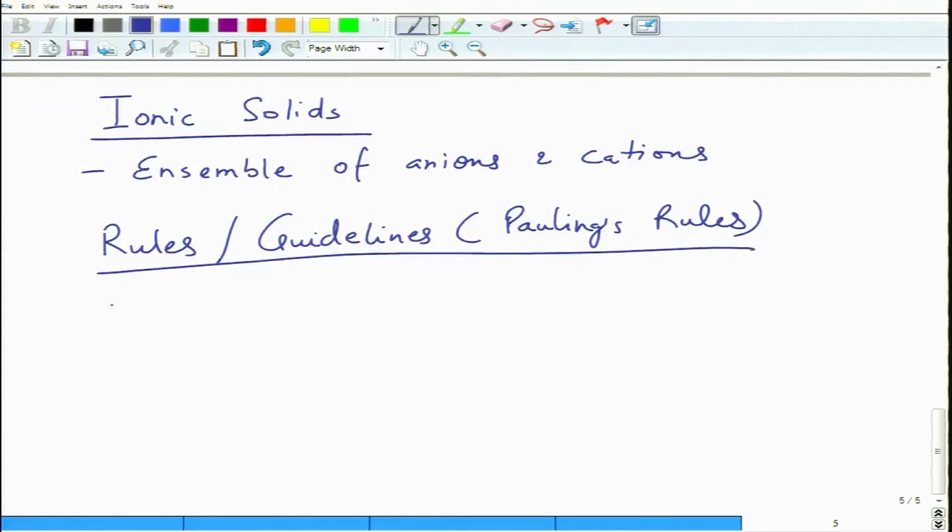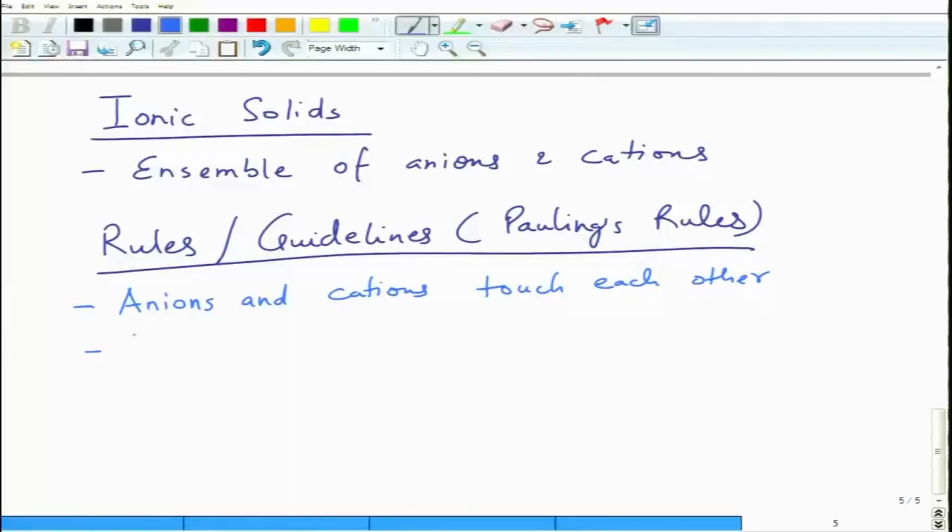Okay. So the first thing is anions and cations touch each other, and here we assume that they are hard spheres, and anions generally don't touch each other. They don't touch each other, but they may be close enough.